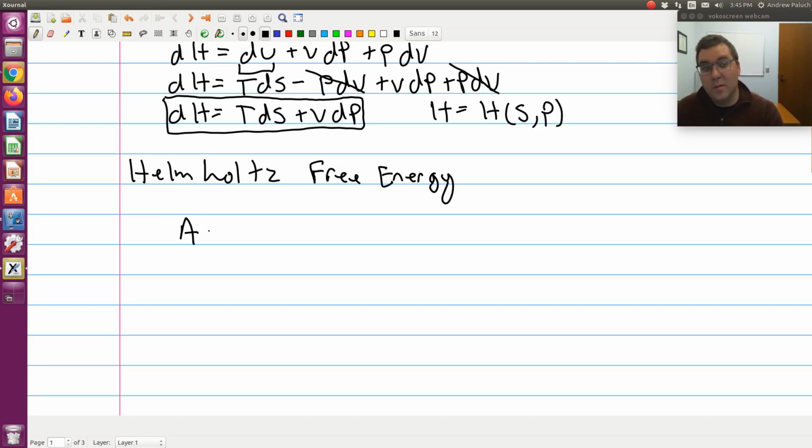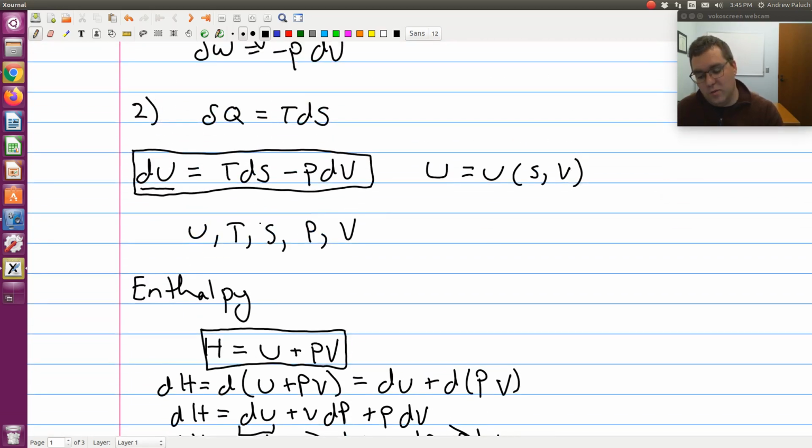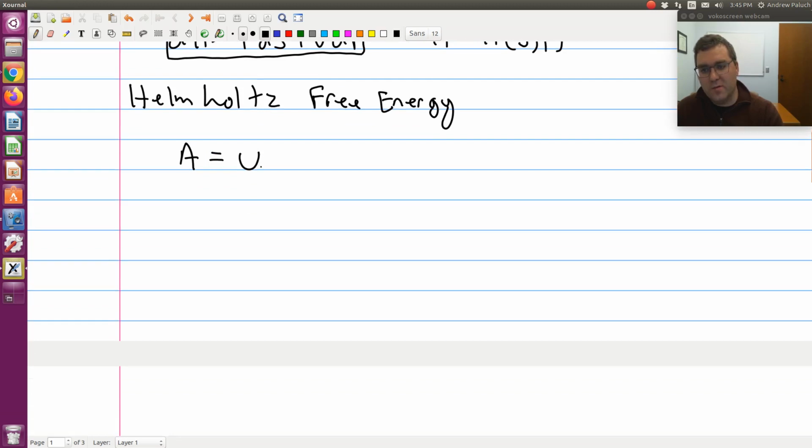My Helmholtz free energy A is going to be defined as U. Scrolling back up again, I want to switch conjugate pair 1, which is a positive TdS. So I'm going to subtract the quantity TS, the opposite sign of the conjugate pair as it appears there. So I'll define Helmholtz free energy as being equal to U minus TS.